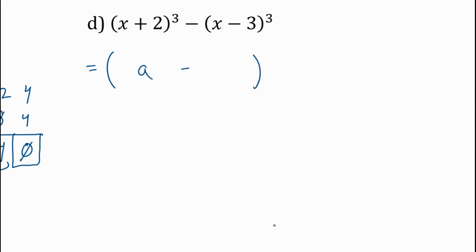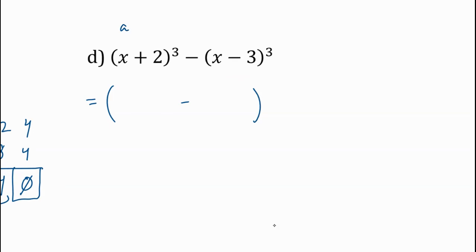A minus B, where A is the thing that's being cubed and B is the thing that's being cubed. So if my A is the thing being cubed, which is x plus 2, and my B is the thing being cubed, notice this is a difference of cubes, by the way, right? We're subtracting this time. Is x minus 3.